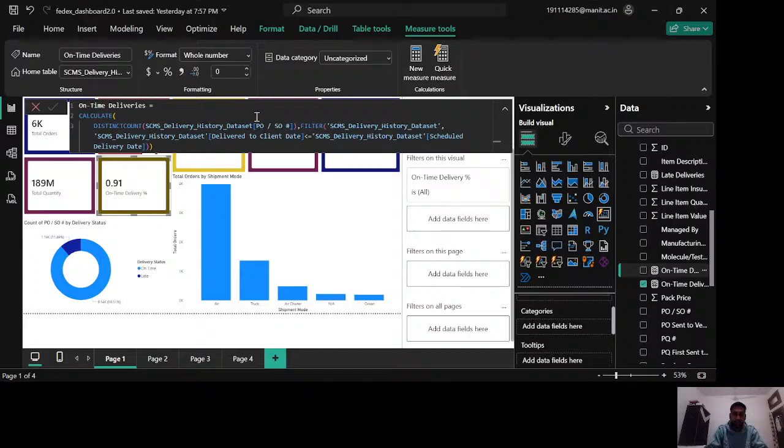our data set, and inside our data set we have put the condition that delivery to client date should be less than or equal to the scheduled delivery date, because of on-time delivery. So for on-time delivery the scheduled delivery date must be greater than or equal to the delivery to client date, because if the delivery to client date is greater, it means the delivery is delayed.